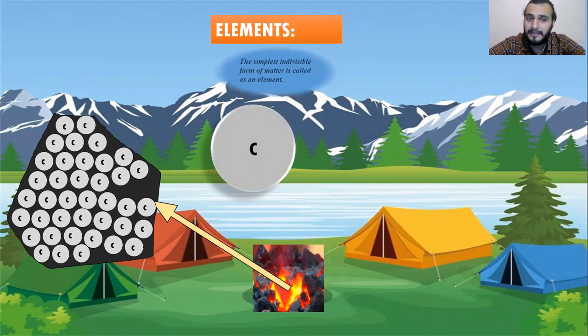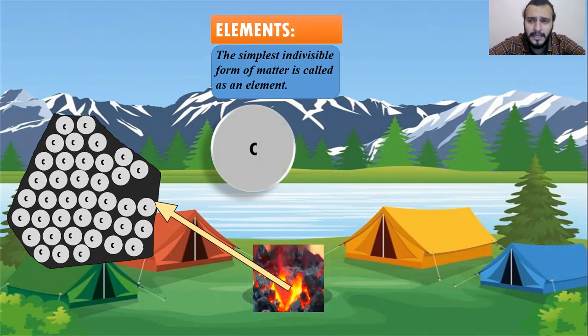And what are elements? The simplest and indivisible form of matter is called an element. Simplest form. Okay. Totally simple, totally basic and indivisible. Indivisible means we cannot break it further. As over here we can see, an element contains only one type of substance.